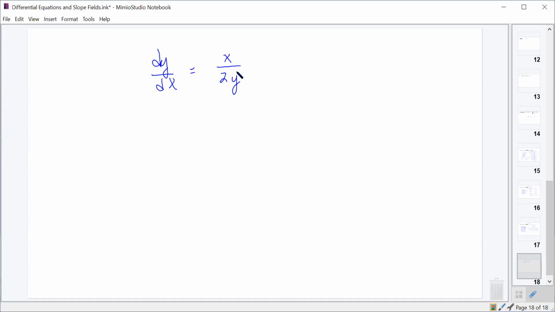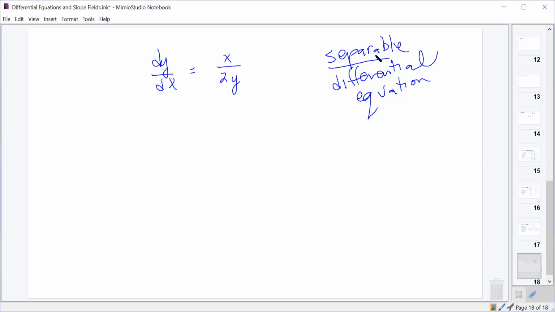I'm going to have this written on a page in a minute here also, but we call this a separable differential equation. And we should be able to solve explicitly for y by separating the variables. That's why they call it a separable differential equation.